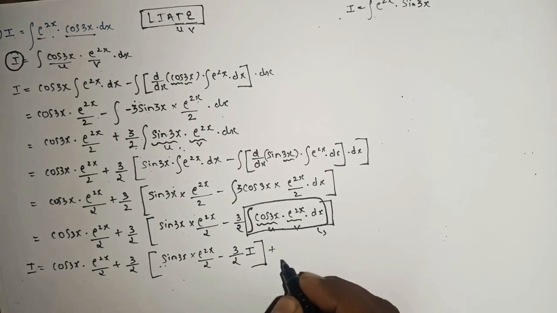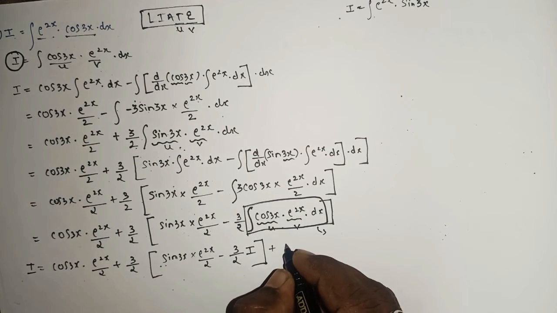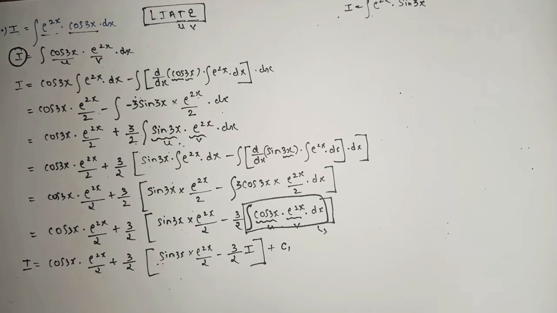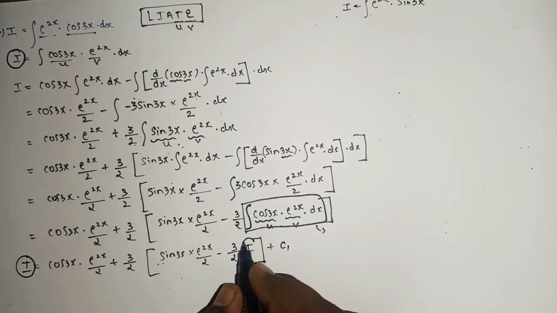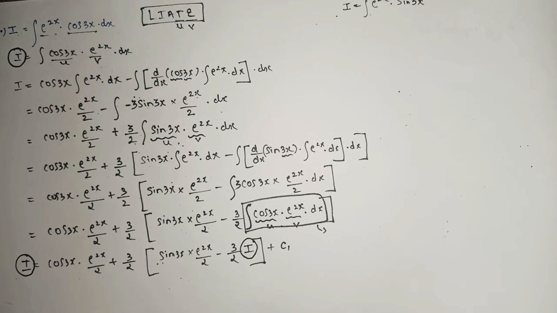So here I will not write plus c directly, I will write c1, because here a little adjustment we have to do. As clearly we can see that here we have I and here also we have I, so that adjustment we have to do.